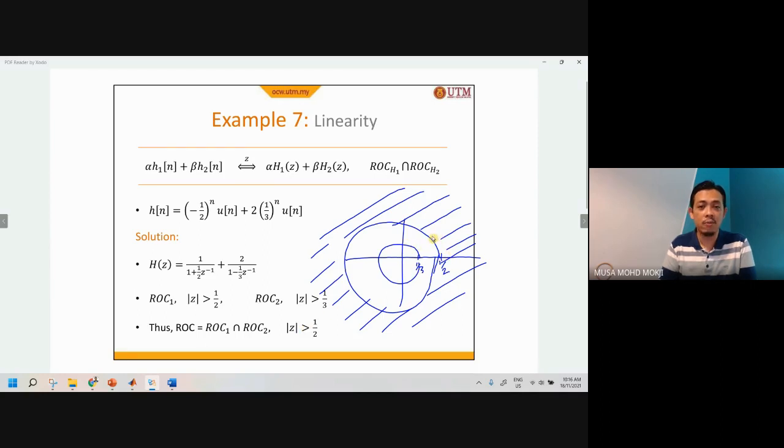Those are the overlap region of these two ROCs. So this is what it means by this equation. Then what is the ROC for H(z)? The ROC is |z| greater than 1/2, because that's the ROC of H1, and then you have the same for ROC of H2. Okay, find the overlap region.